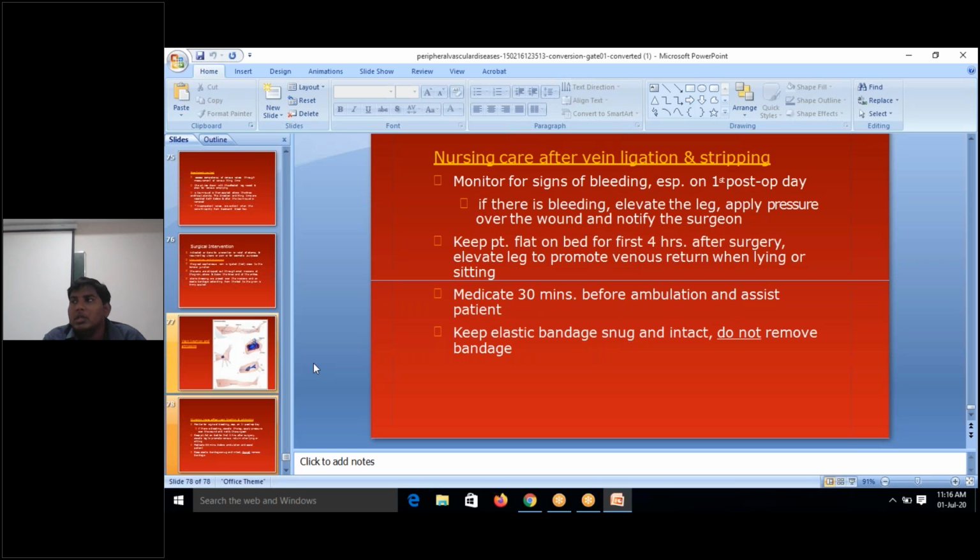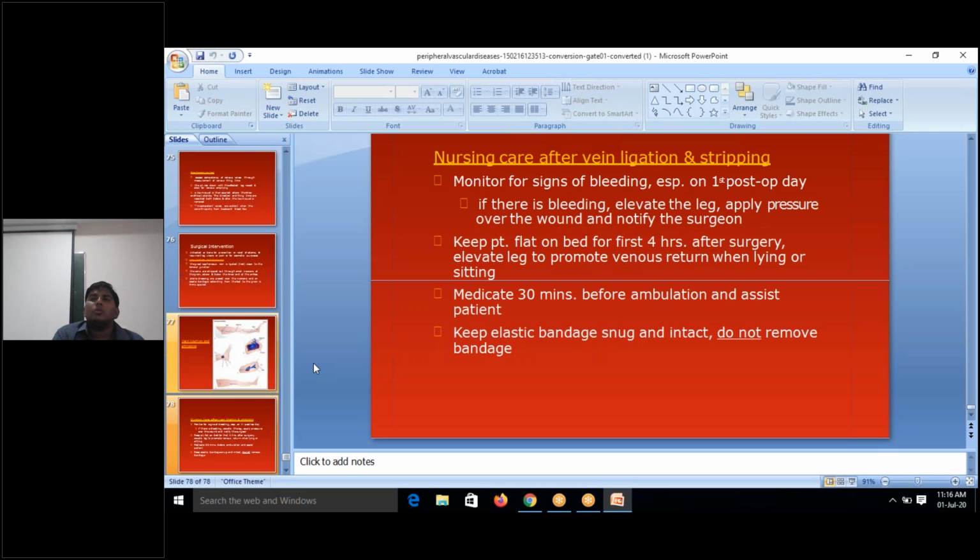In recent days it could also be done using an endoscopic method, known as SEPS, subfascial endoscopic perforator surgery. And endovenous laser ablation.